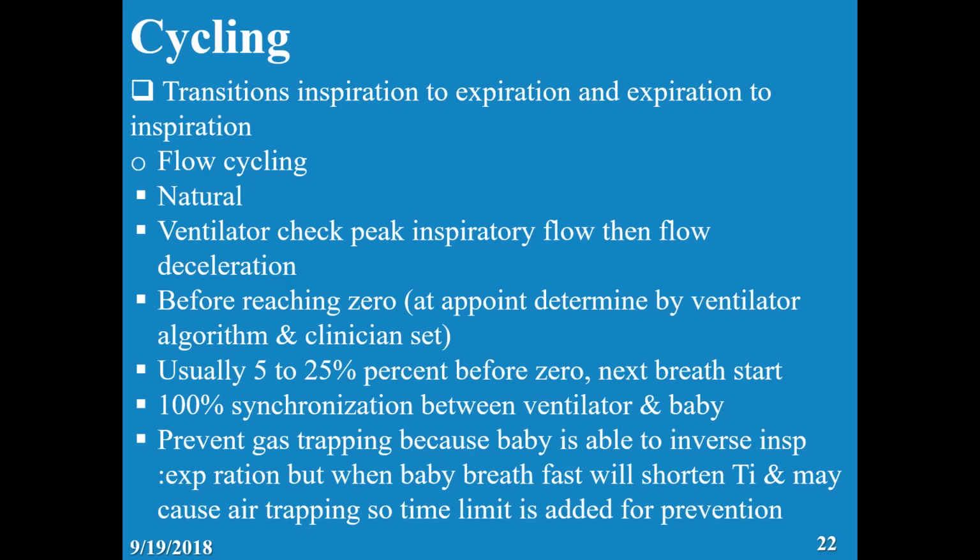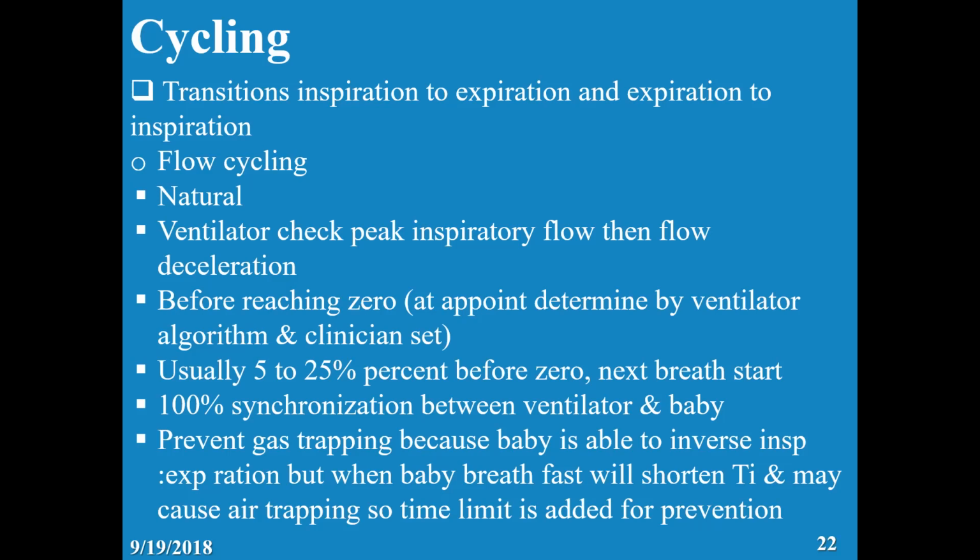So the machine measures the peak, and usually it gives it 100%. And then once there is deceleration, there will be a percentage remaining to go down to zero from the peak. So the machine measures the peak and then measures the decreasing, or the deceleration.